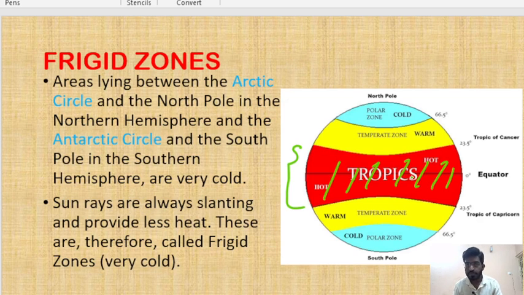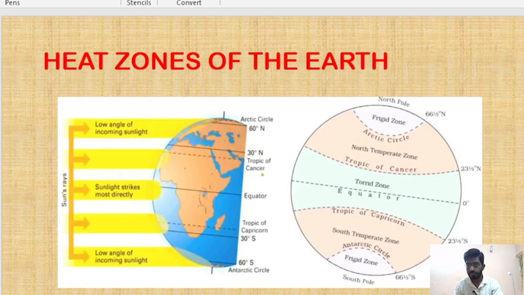That's why it is called the torrid zone. The torrid zone lies in between 23.5 north latitude and 23.5 south latitude, otherwise between the Tropic of Cancer and the Tropic of Capricorn.